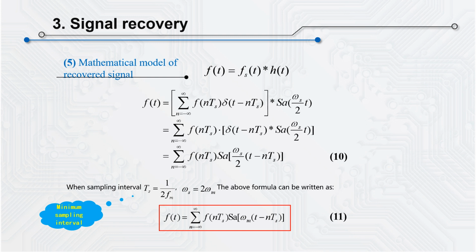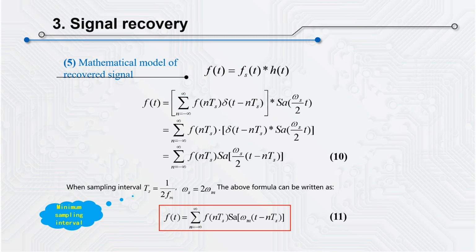From Formula 11, we can find that the restored f(t) is formed by superimposing infinitely many sampling functions Sa. When n is equal to 0, Sa appears at the position of 0. When n is equal to 1, 2, 3 to n, Sa appears at the corresponding positions of Ts, 2Ts, 3Ts to nTs.